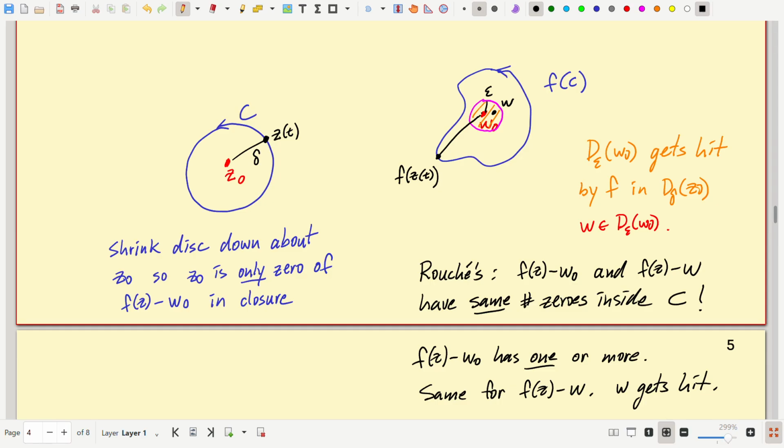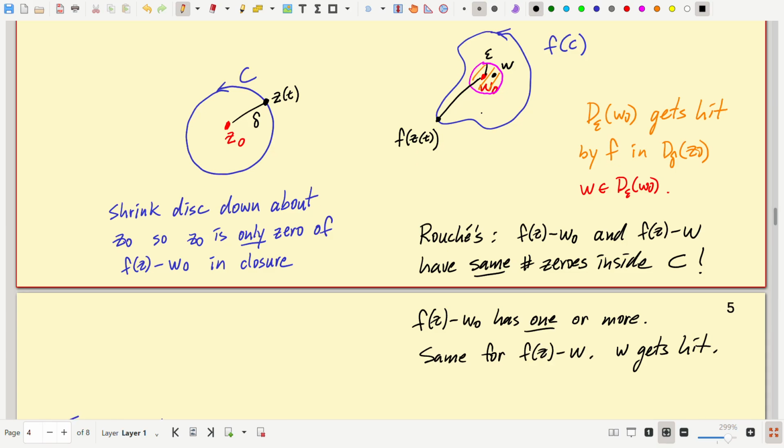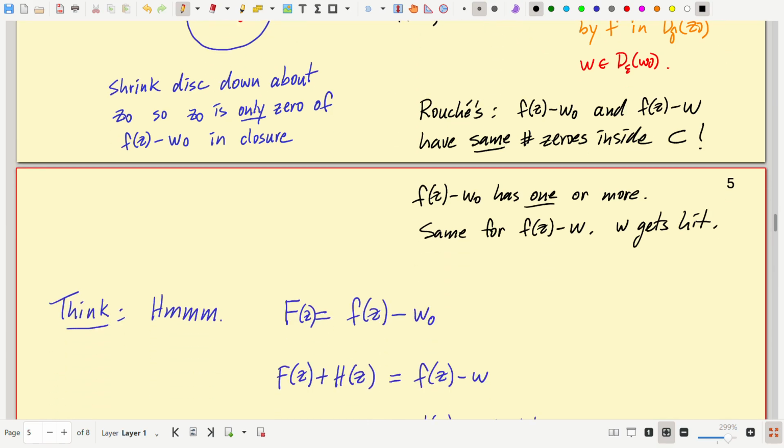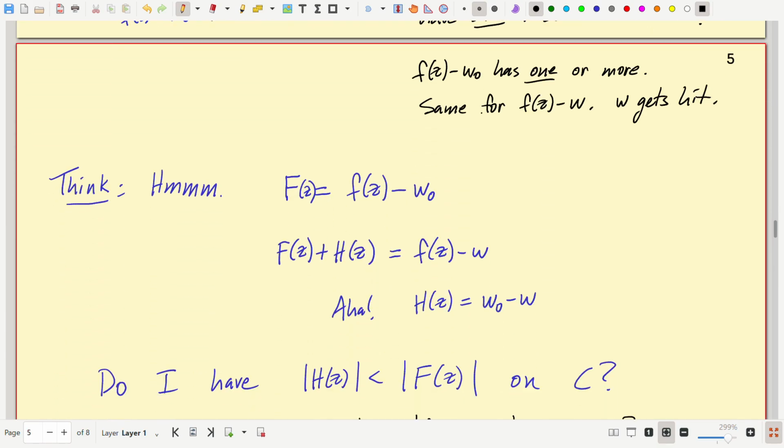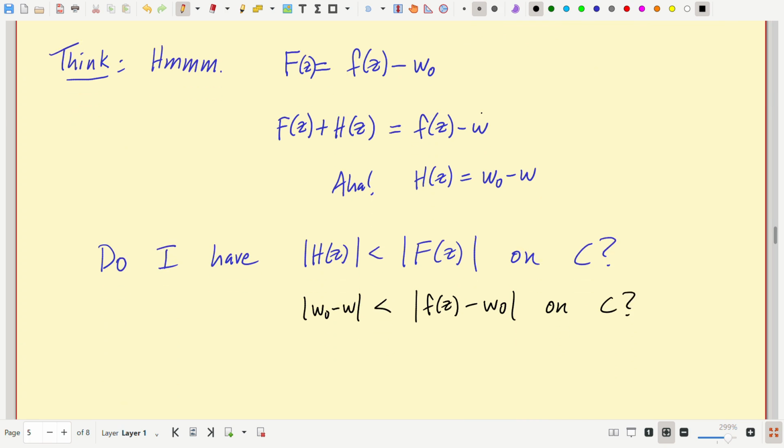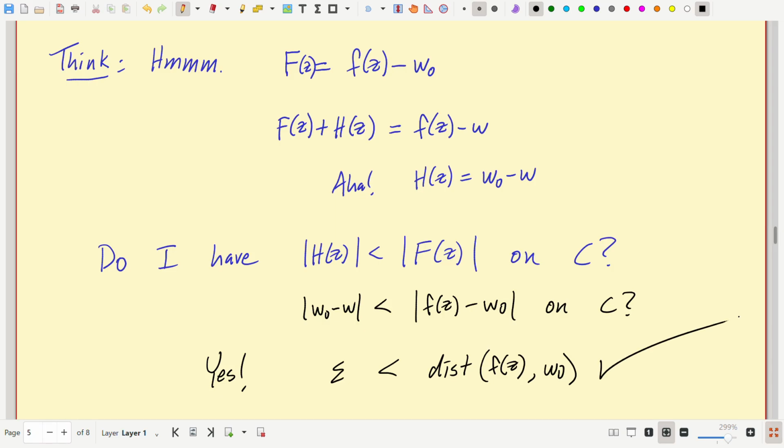And sure enough, epsilon is less than that from the picture, the way I chose everything. Yes. Epsilon is less than the distance from f of z to w naught. Check. Okay, so I demonstrated the open mapping theorem.